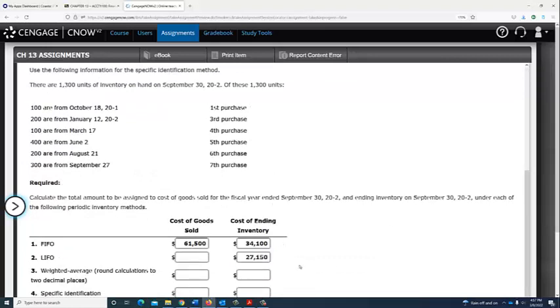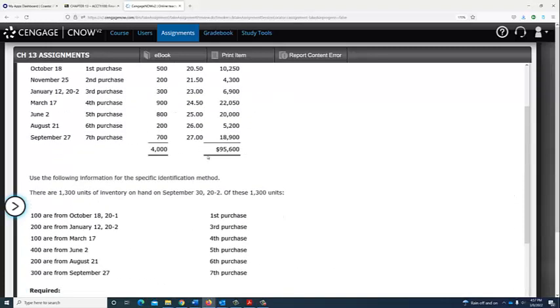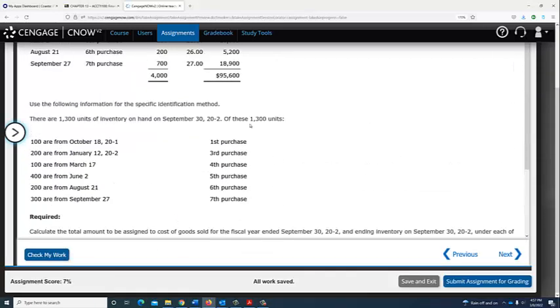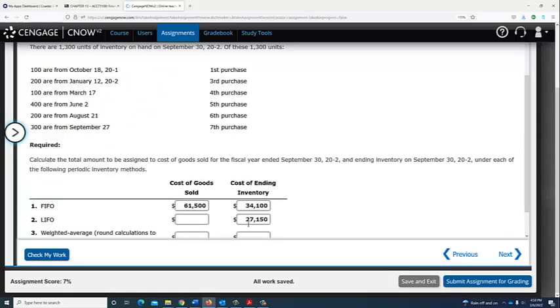And since I know what my ending inventory is, I can subtract that from my goods available for sale and get the cost of goods sold. So 95,600 less 27,150 gives me 68,450.